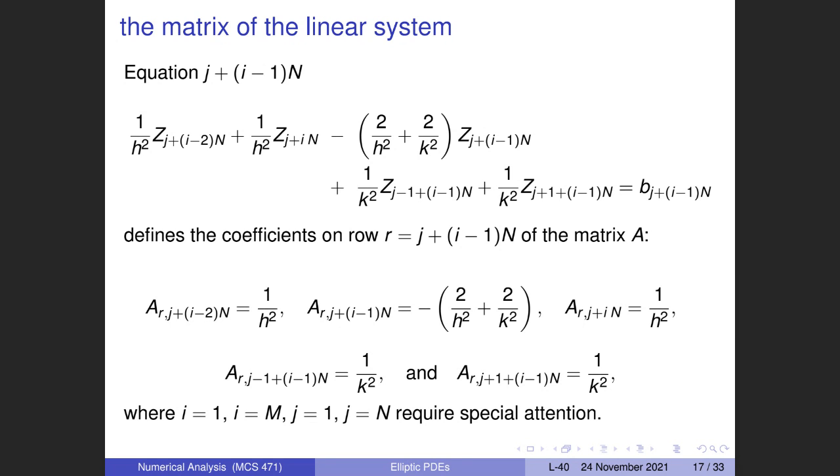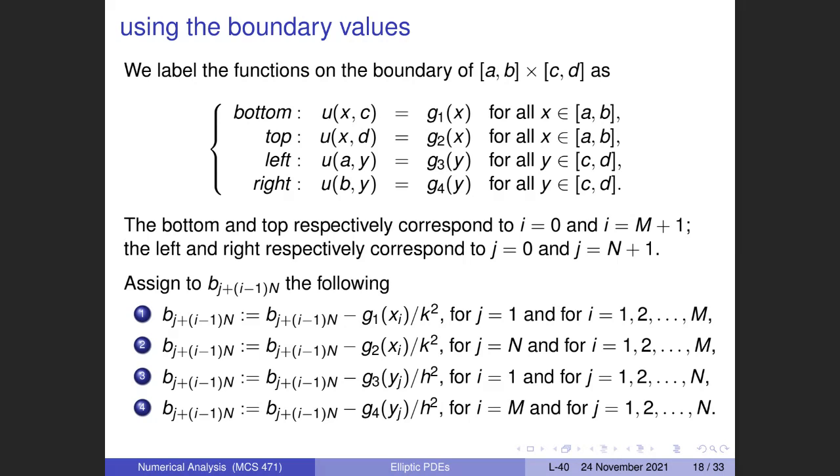All right, so we have the general formula. Then we have to use the boundary values for the special cases. We have the four functions which are now given names: bottom, top, left, and right. The bottom and top correspond to the cases when i equals 1, j equals 1, i equals m plus 1, j equals n plus 1.